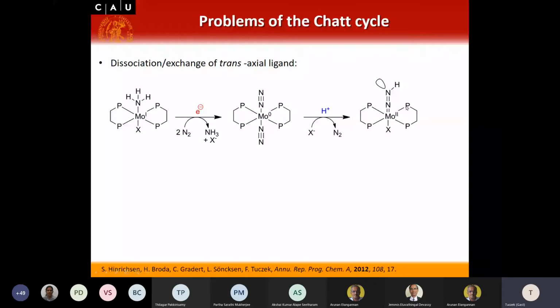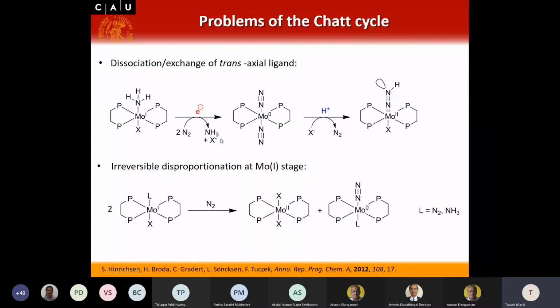So this is a barrier to a catalytic reaction, and more importantly, at this molybdenum(I) stage, we have disproportionation. So we have here a molybdenum(I) amine complex or dinitrogen complex, and it disproportionates into a molybdenum(II) complex and the molybdenum(0) complex. And this is basically lost because it cannot be reduced anymore.